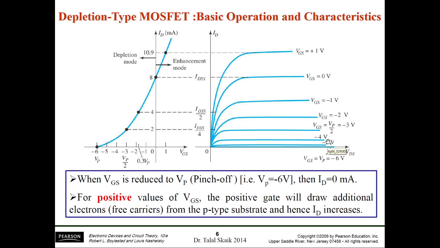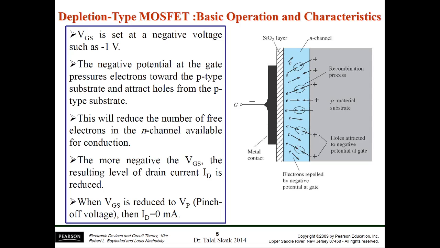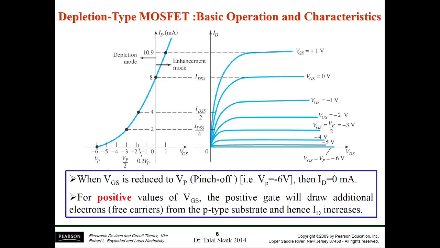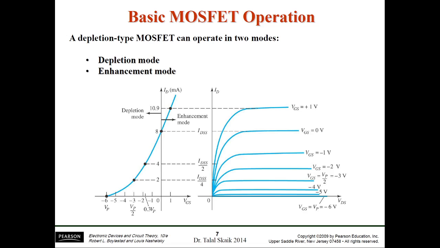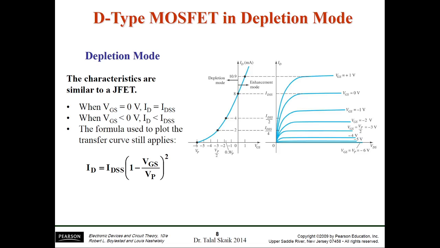So what do you have to remember in the depletion MOSFET? If you are applying a negative voltage for the N channel, what will happen? Your device will get shut off.